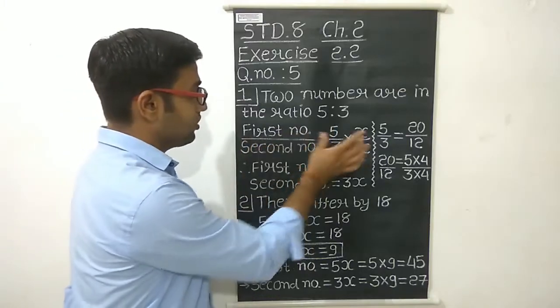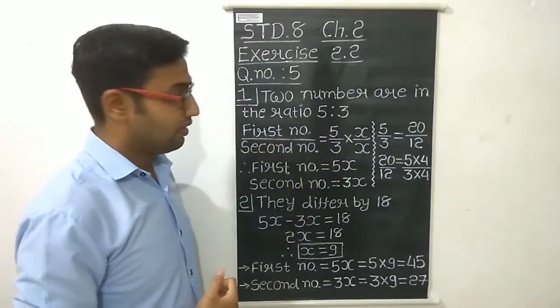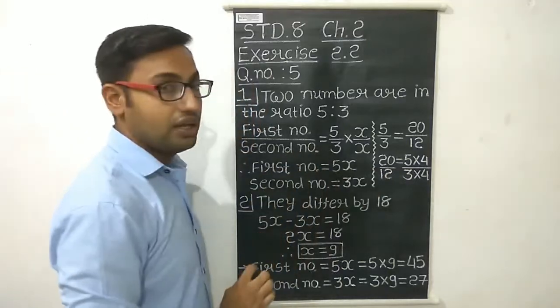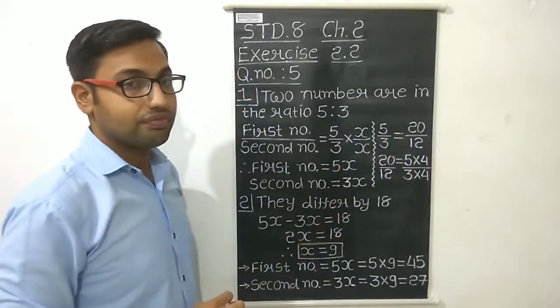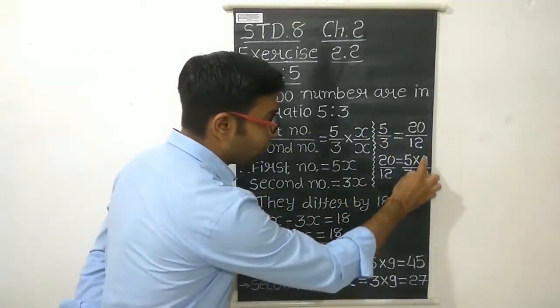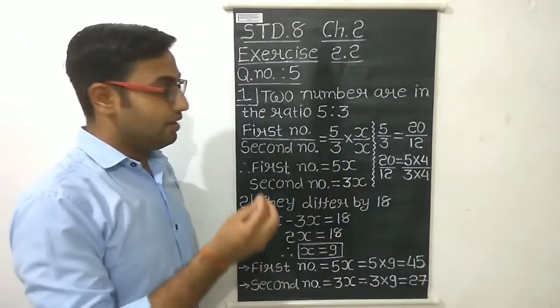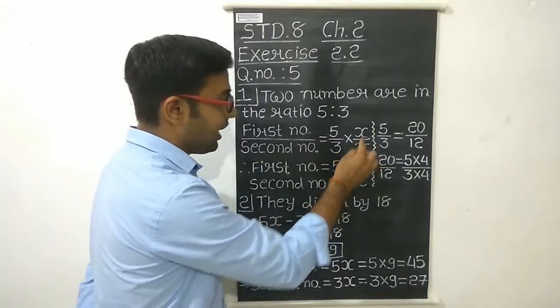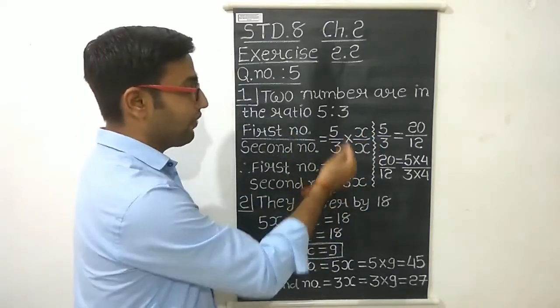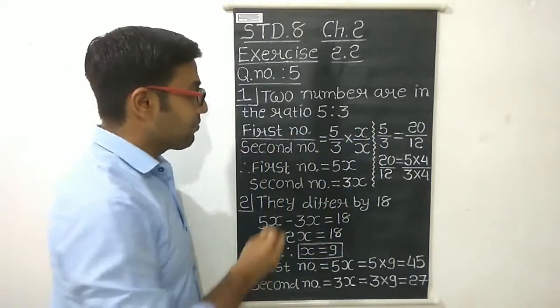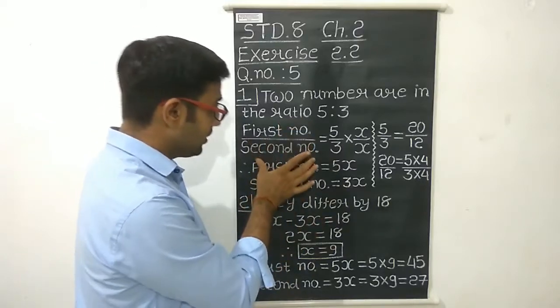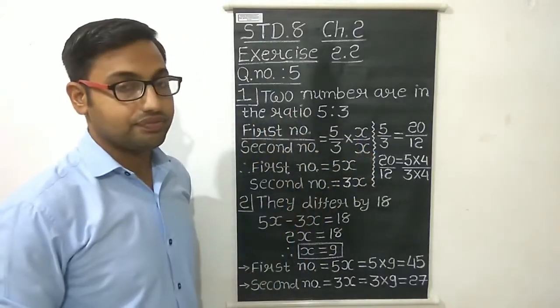So the ratio of these two numbers is given as 5/3, but the actual first number and second number we don't know. It may be 20/12 or 5/3. So we don't know what the common factor in these two numbers is. That is why we take one variable x, which is the common factor in both numbers. So let's suppose the common factor of both numbers is x.